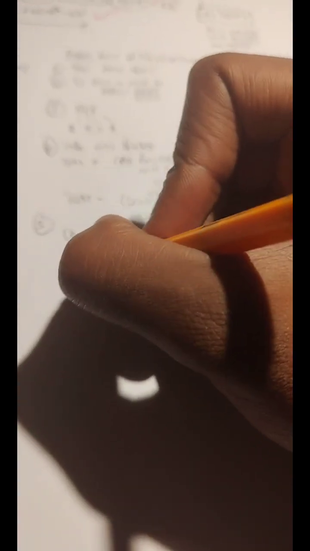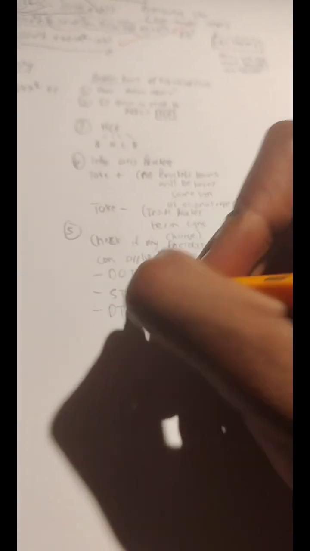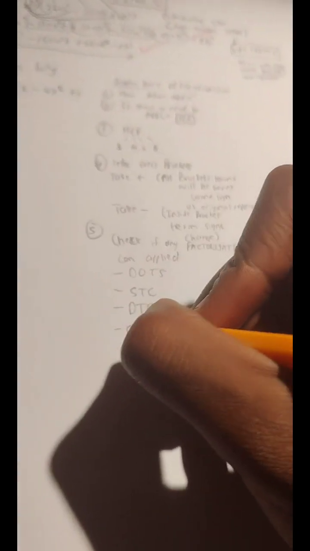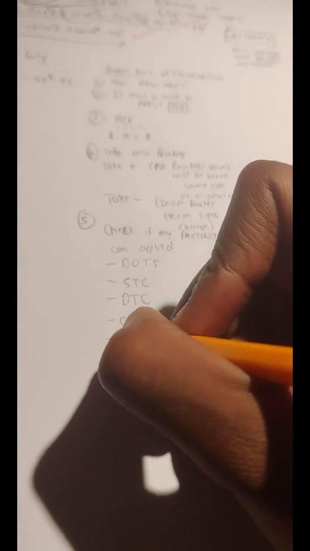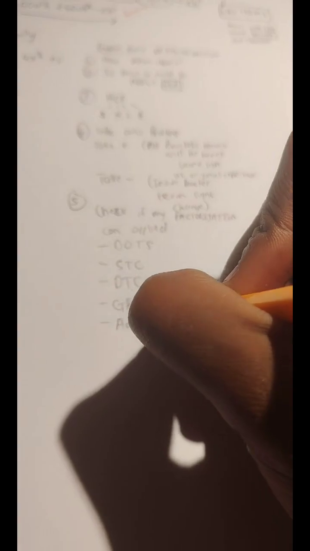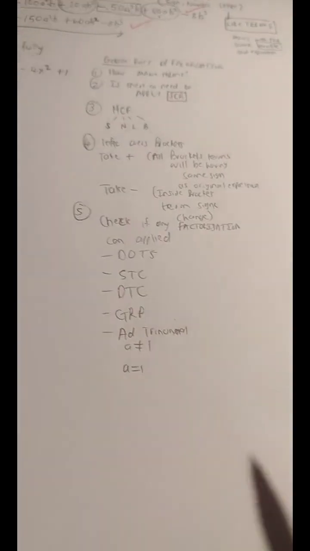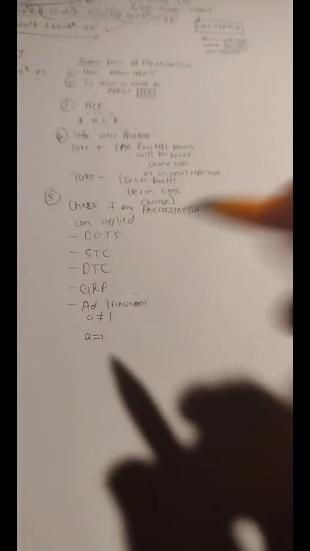Any factorization can be applied. By that I mean there's a difference of 2 squares, there is sum of 2 cubes, there is difference of 2 cubes, there is grouping factorization, there is advanced trinomial factorization where you have a quadratic trinomial and the a value is not 1, and there's also cases where a is equal to 1, and you look at those different types of quadratic trinomial.